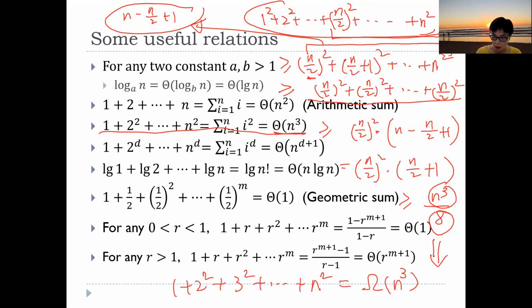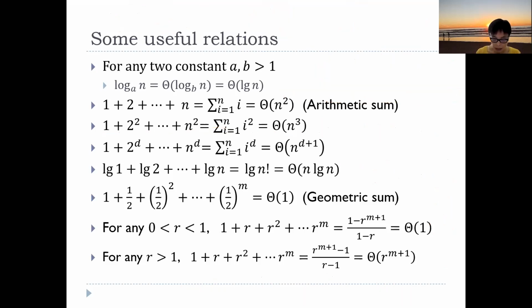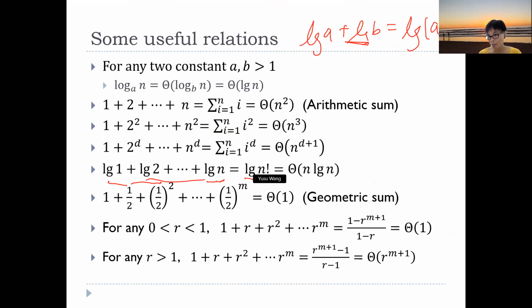Now, another useful relation is that if you have log 1 plus log 2 plus all the way to log n, because log a plus log b is the same as log of a times b, that boils down to log of 1 times 2 times 3 times 4 and so on, which is n factorial.